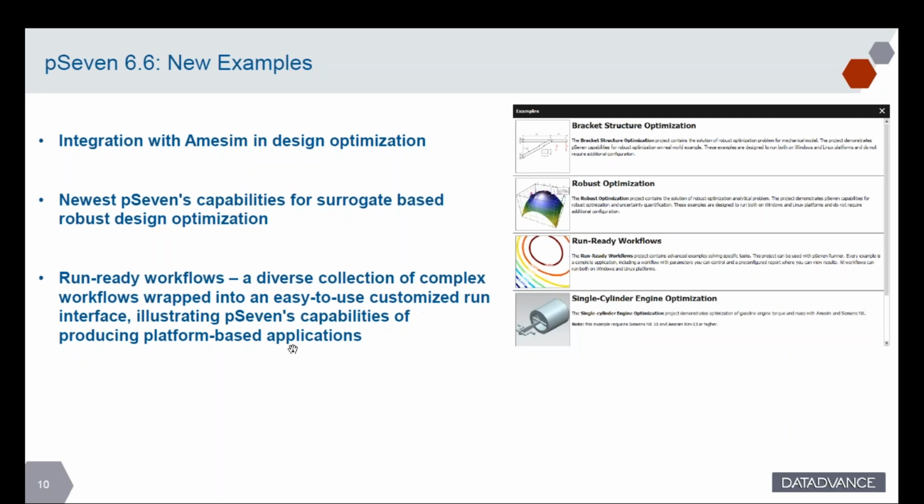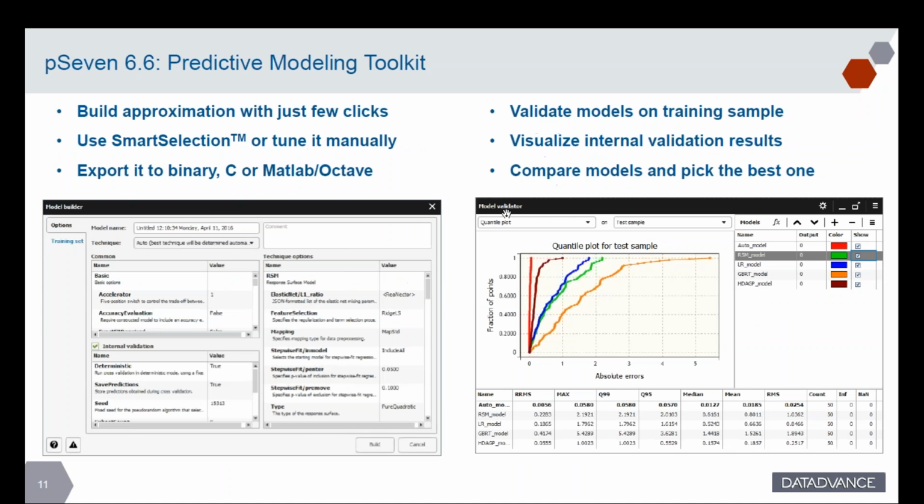And finally, we proceed to Predictive Modeling Toolkit. Well, we came to the most interesting feature of this release. Actually, the ability to build approximation models was there since day one, but in order to build a model, the user had to construct a workflow with a model builder block.